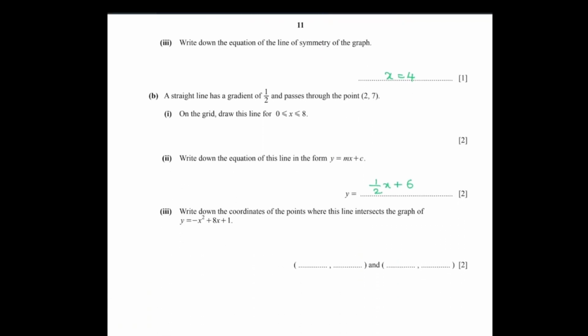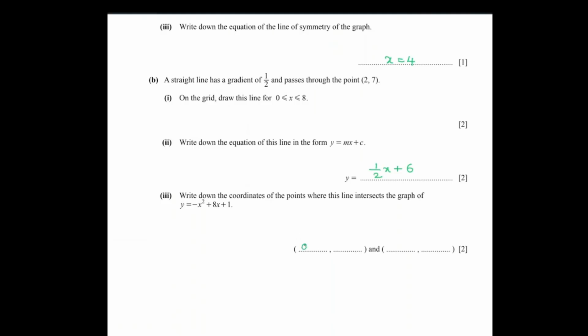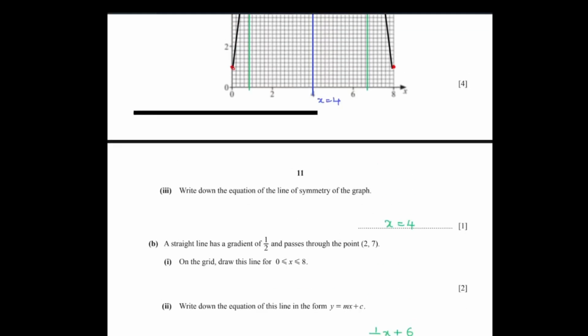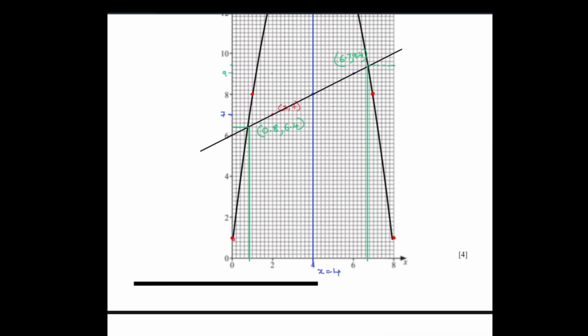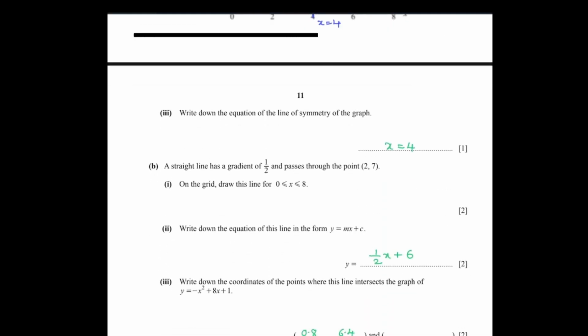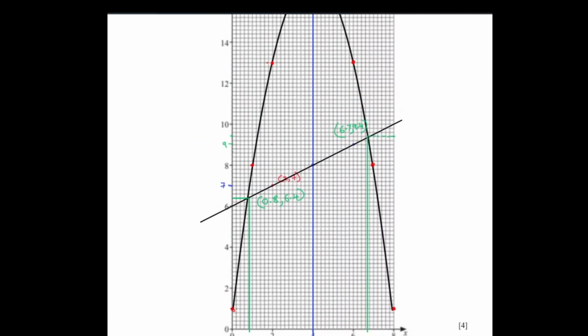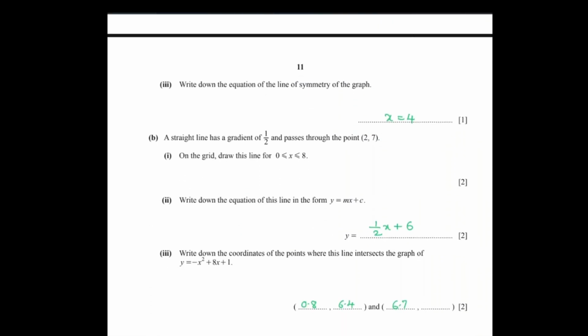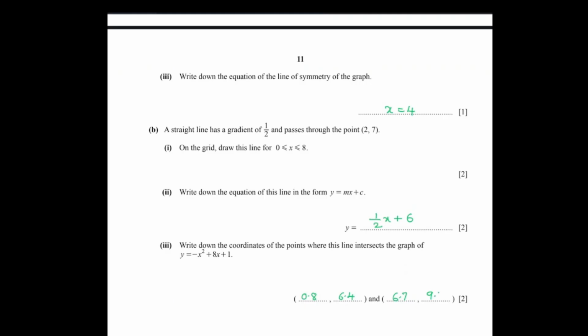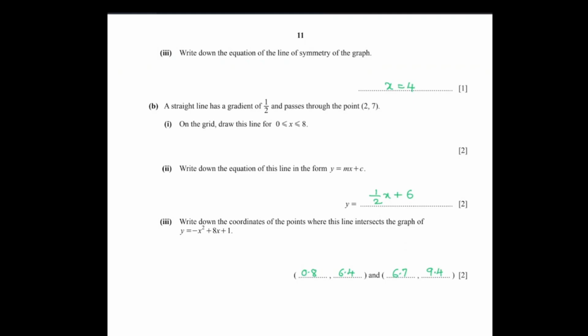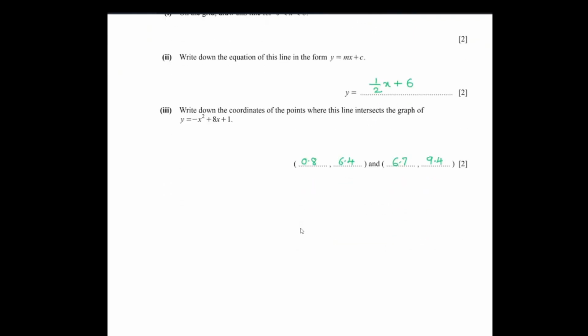Okay, write down those answers: (0.8, 6.4) and (9.4, 6.7). This question is done, B is done.